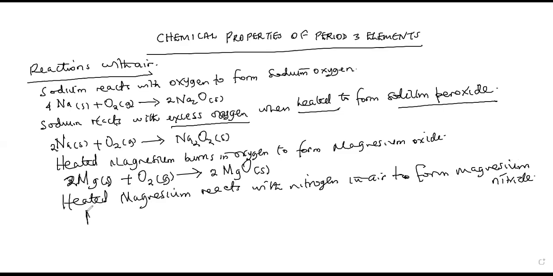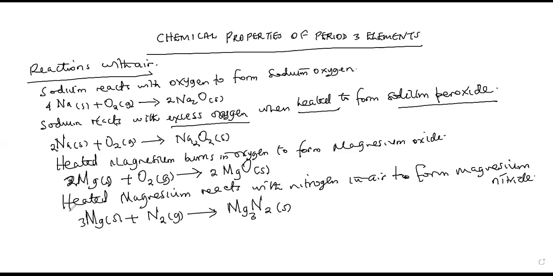Equation: magnesium solid plus nitrogen gas, you form magnesium nitride, solid. So that is how magnesium reacts.